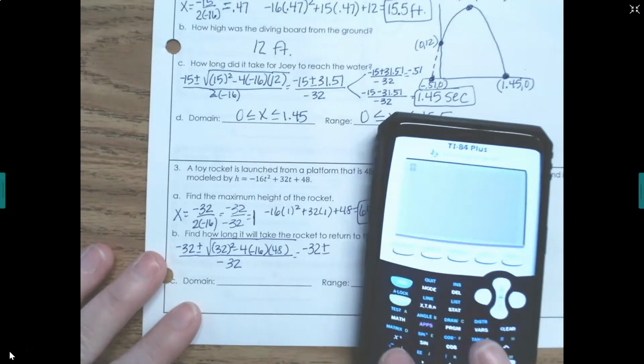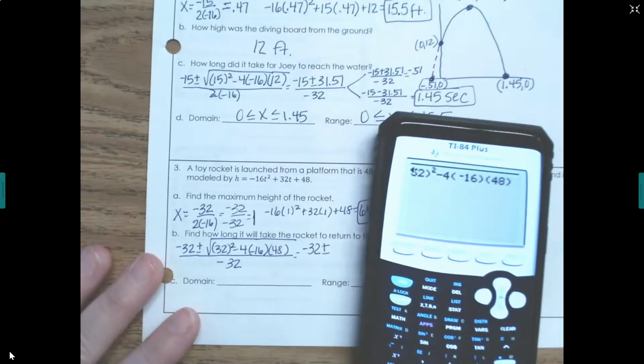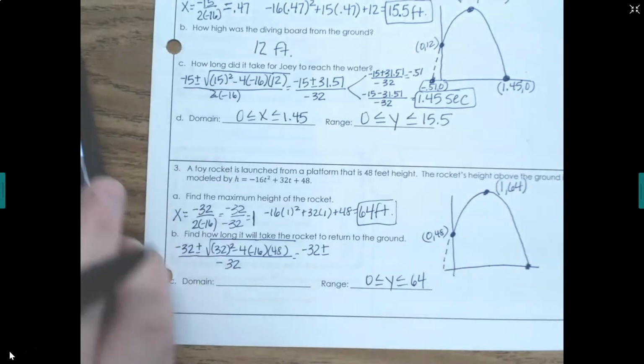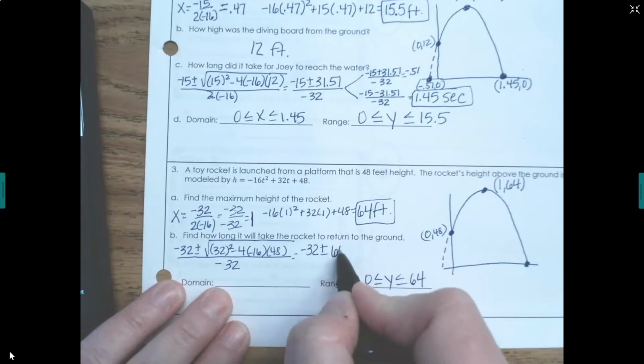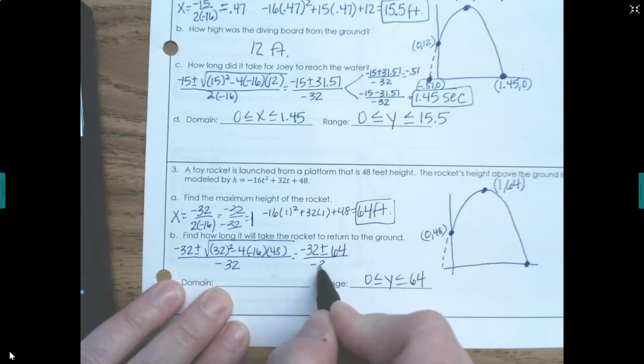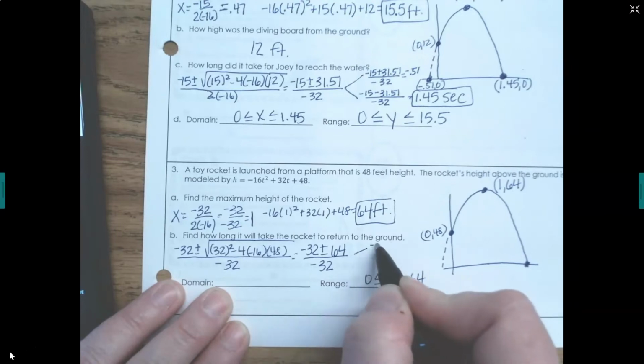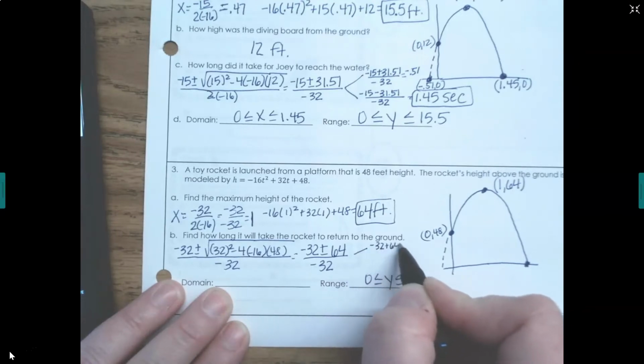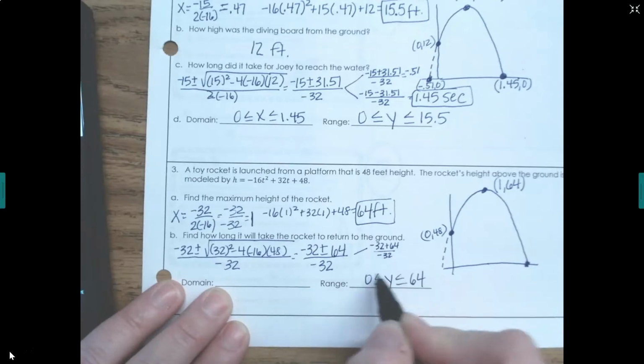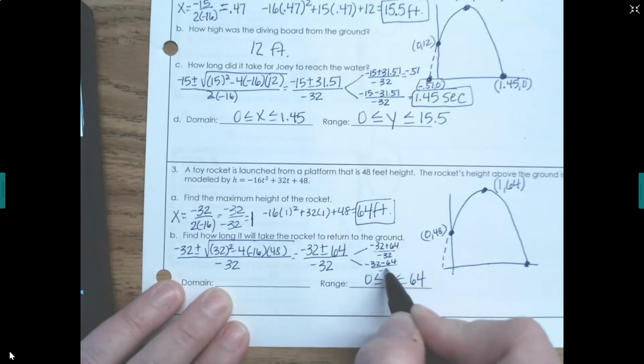So you're going to take the square root of 32 squared minus 4 times a times c. Okay, and I get 64. Okay, so we're going to put 64 instead of that whole square root number. Two problems: negative 32 plus 64 divided by negative 32, and negative 32 minus 64 divided by negative 32.